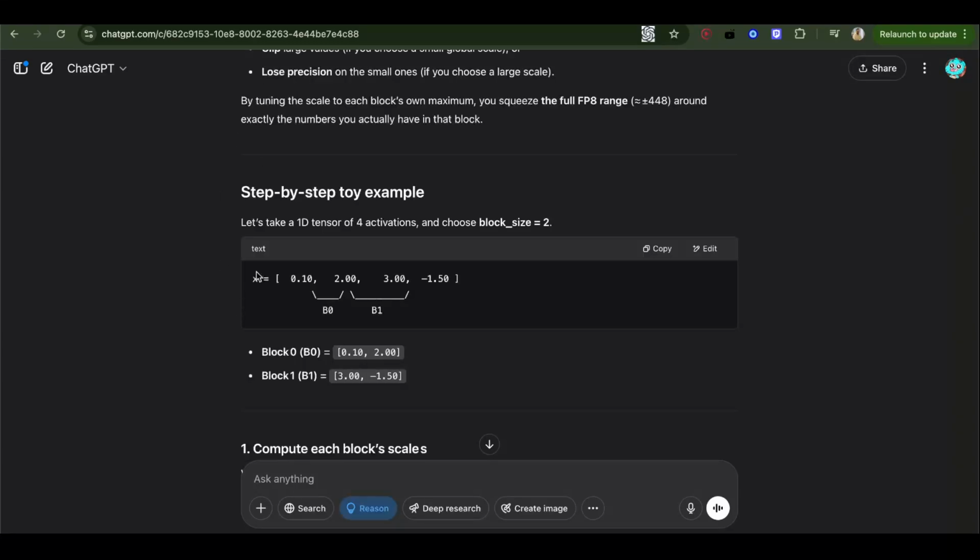Now let's see how the quantization is implemented. Let's say we have a tensor of numbers. First, we will divide the big tensors that can contain hundreds of thousands of numbers into blocks of 128 numbers.